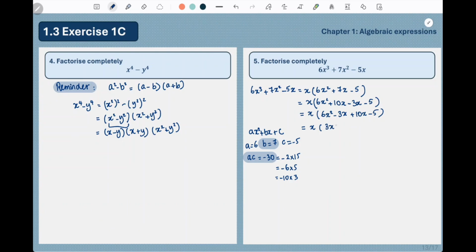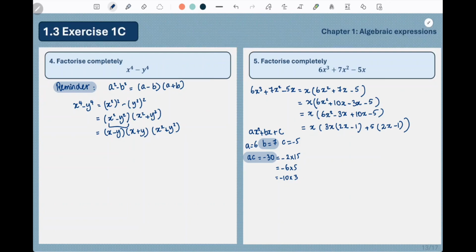3x is a common factor between this one and that one, and we'll remain with 2x. 3x times 2x is 6x squared, and minus 1. To retrieve the minus 3x, we just add minus 1 here. And for the second one, for these two, it's plus 5 and 5, 2x minus 1.